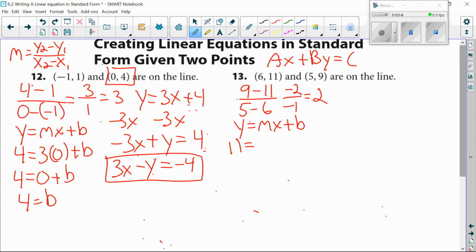It's equal to my slope, 2, times x, which is 6, plus b. Then I'm going to multiply 2 times 6, and that's going to give me 12. And then subtract 12 on both sides. That's going to get me a -1. It's equal to b.